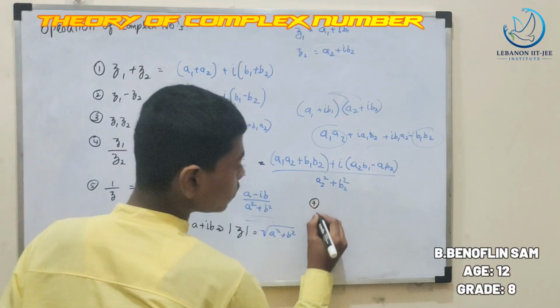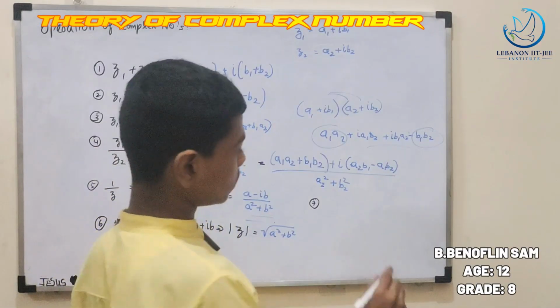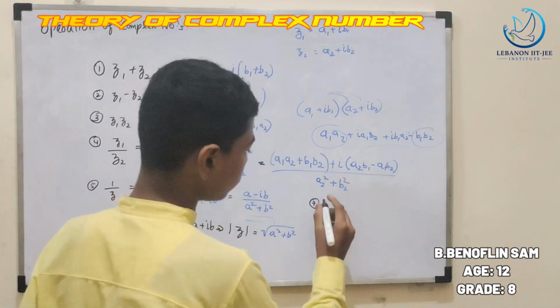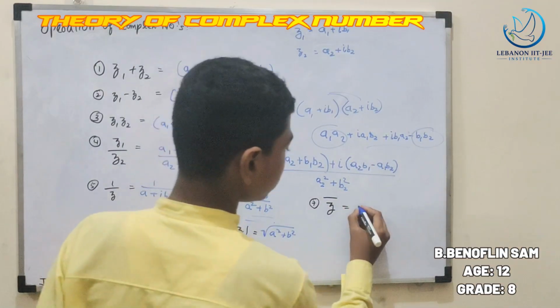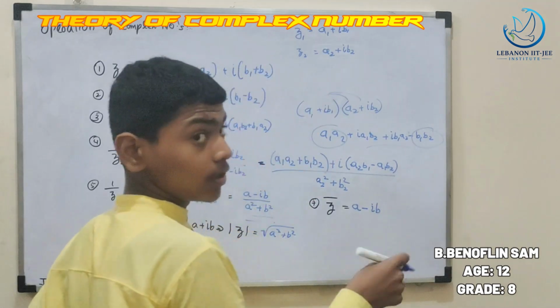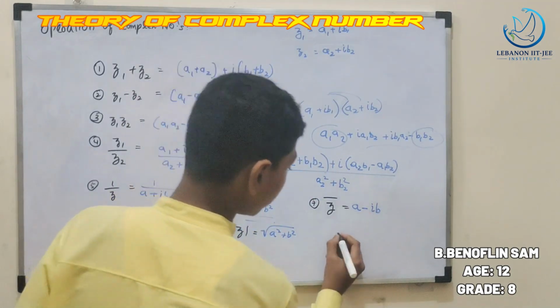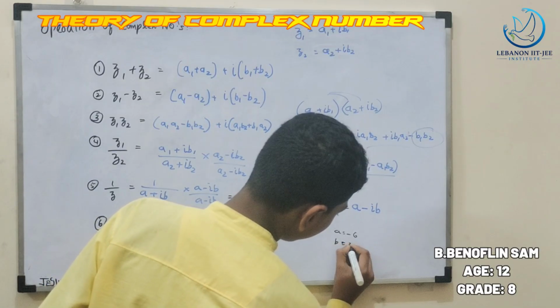The seventh one is the conjugate of a complex number. The conjugate of z is equal to a minus iota b, the sign of the imaginary part is inverted. For example, a is equal to minus 6 and b is equal to 2.